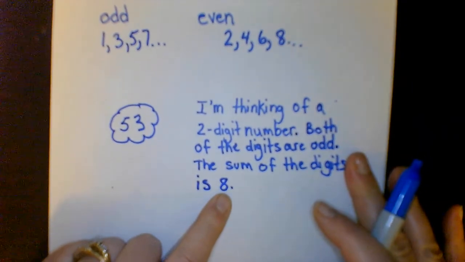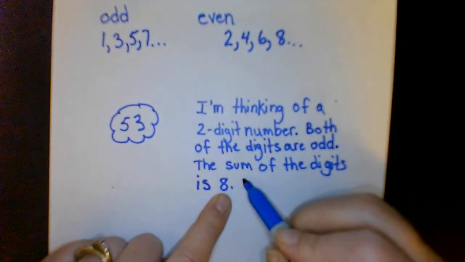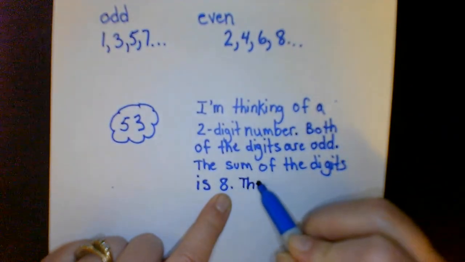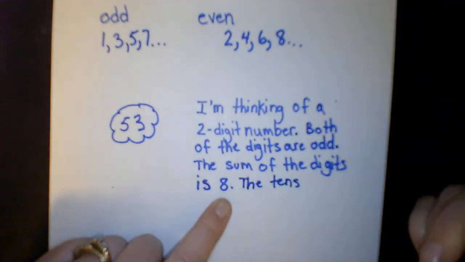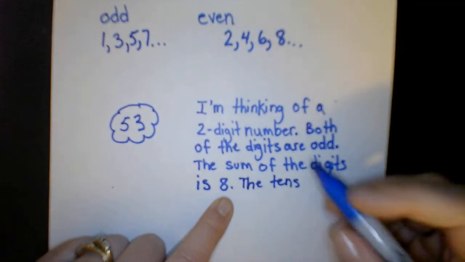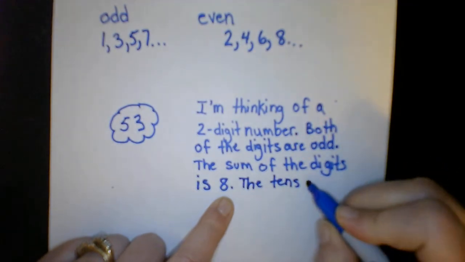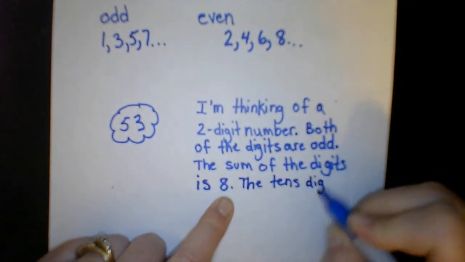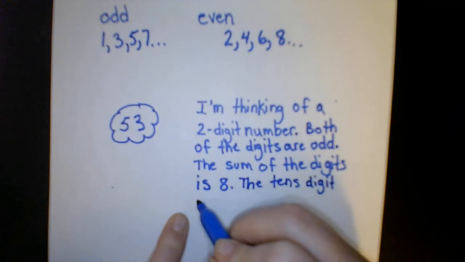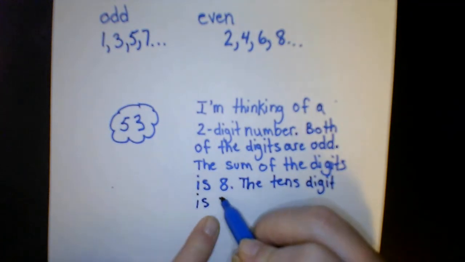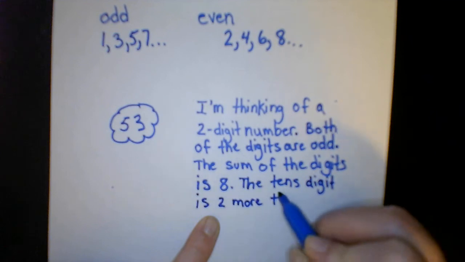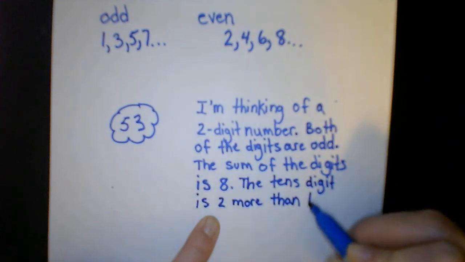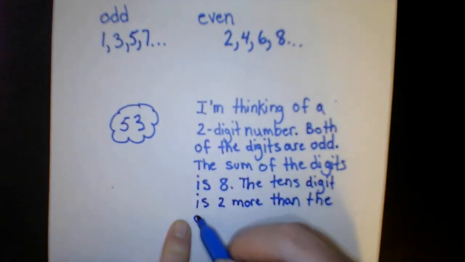So I could say, it could be as simple as the tens digit is larger than the ones digit, but I'm going to say the tens digit is 2 more than the ones digit.